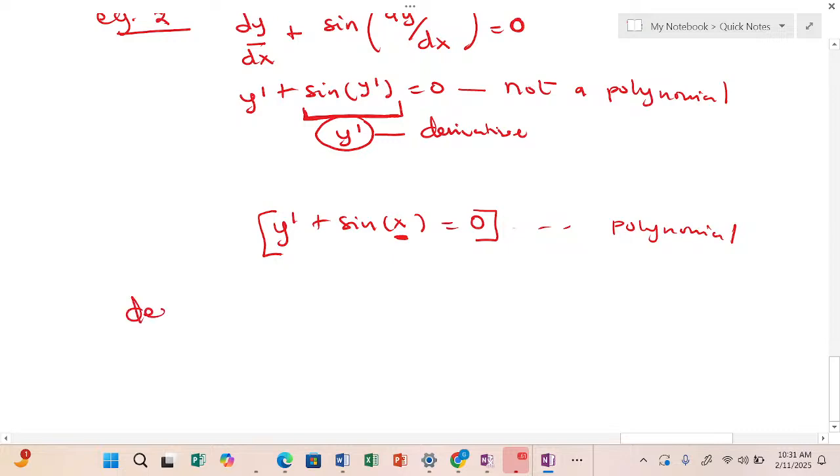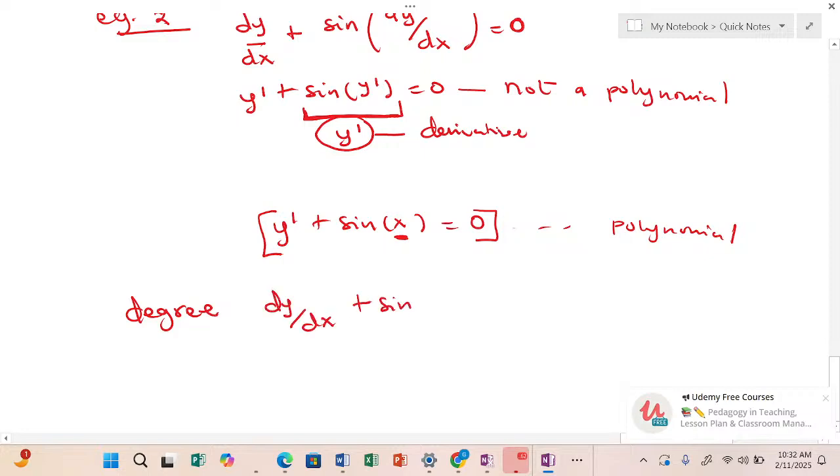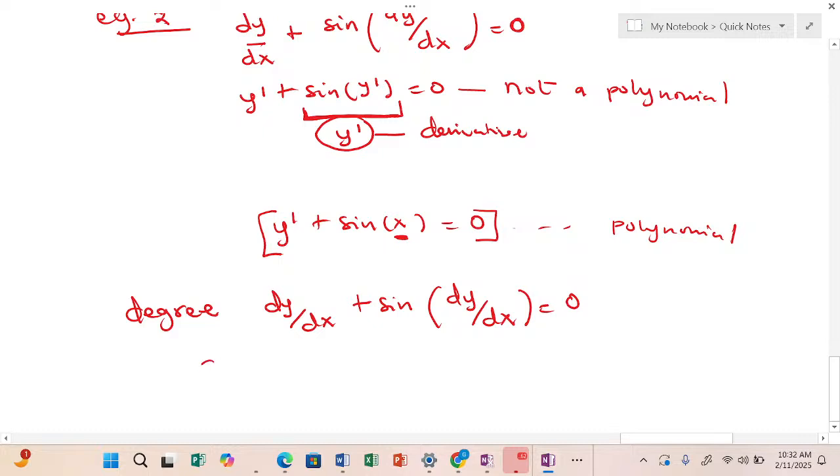Therefore, the degree of this differential equation, dy/dx plus sine (dy/dx) equals 0, is undefined. Degree is undefined because it fails to be a polynomial in terms of its derivative.